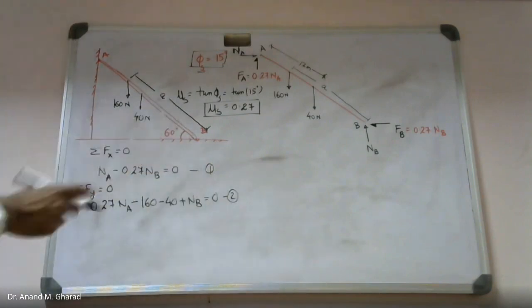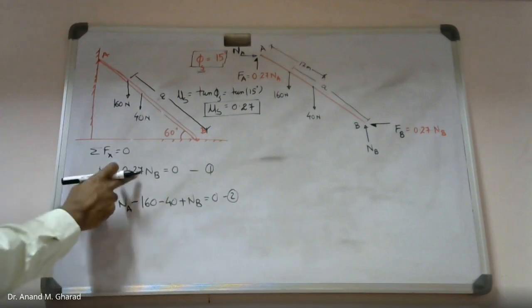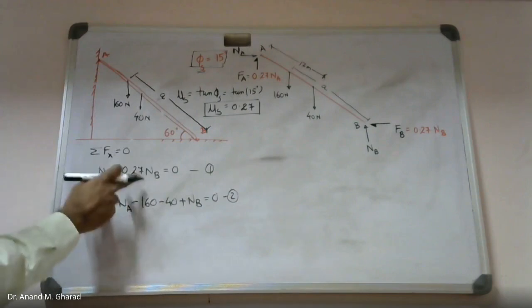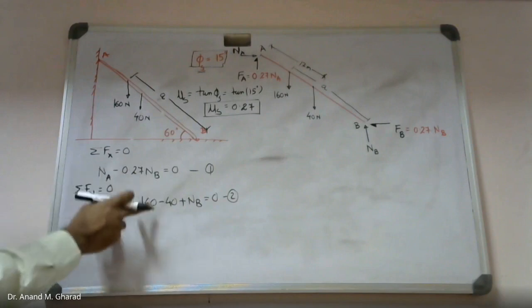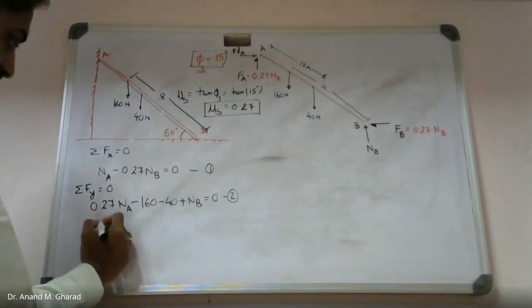Now, these two equations are sufficient, I suppose, to find out the values of NA and NB from these two. I think yes, sir. So please find out NA and NB.